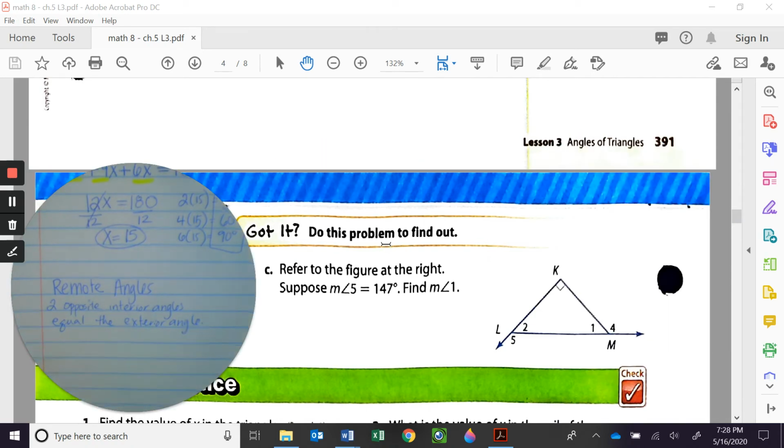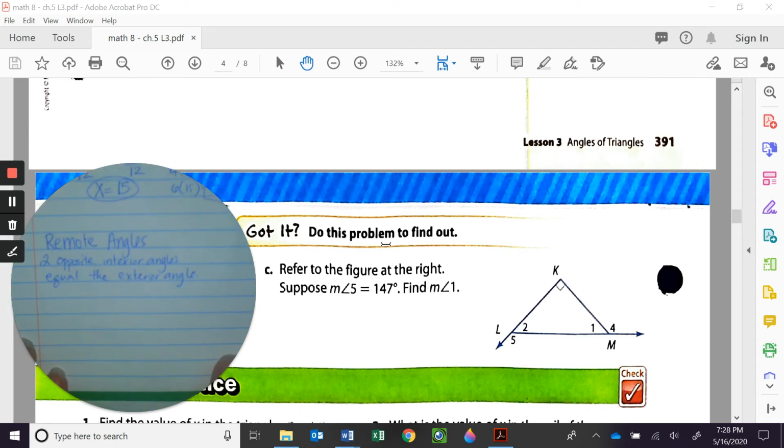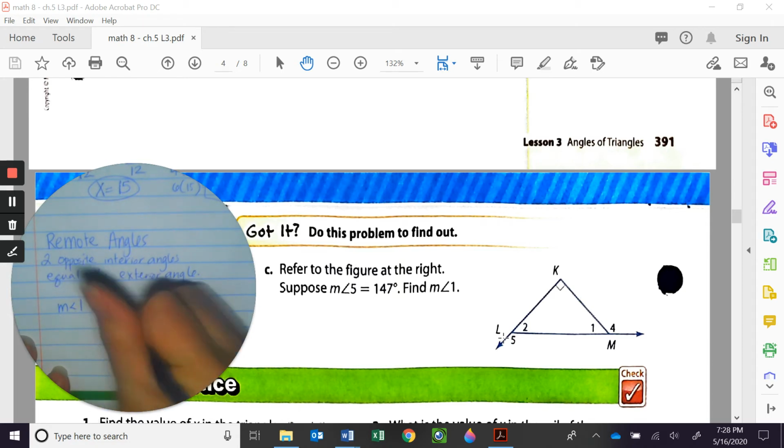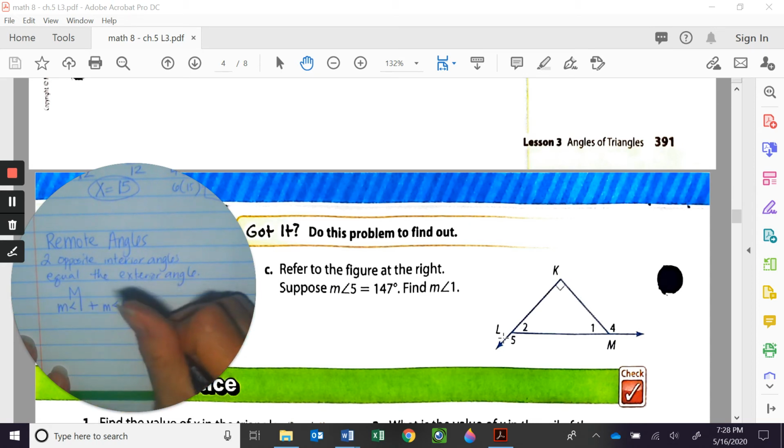So we know that angle 5, which is our exterior angle, equals 147, okay? So we know that the measure of angle 1 plus the measure of angle K, which this is the M really, has to equal the measure of angle 5, which is the exterior of L, okay?